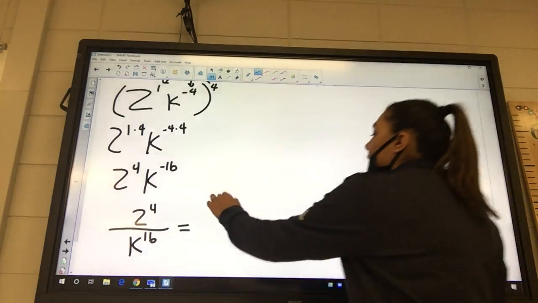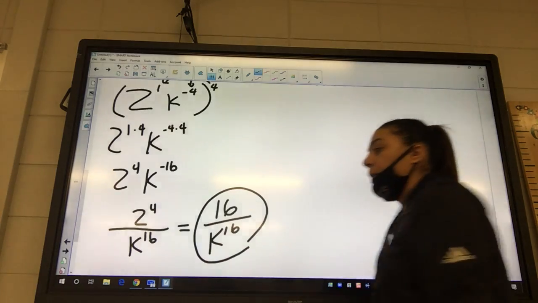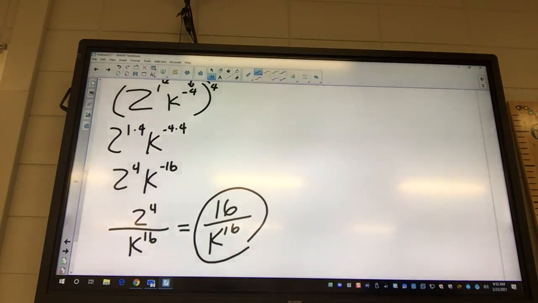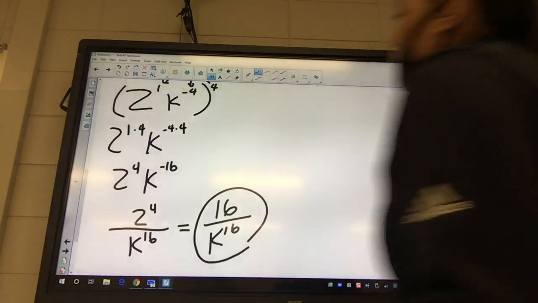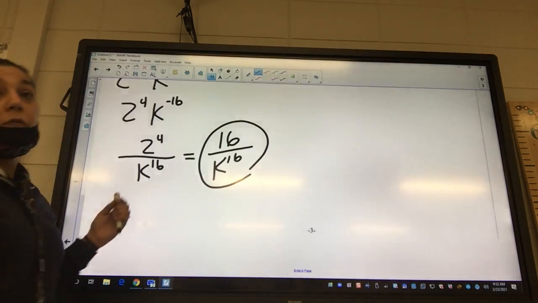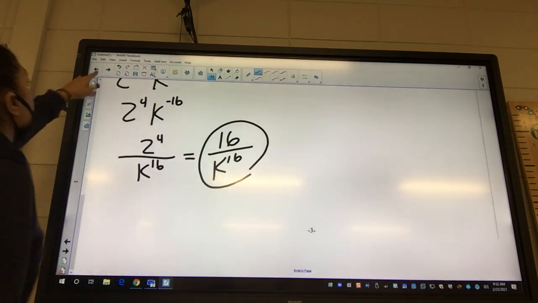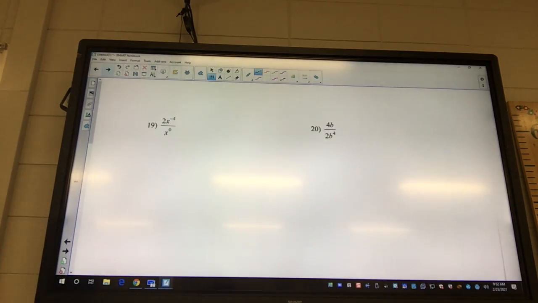It's going to be 16 k to the 16. If you forget that very last step of simplifying, that's okay, I will just mark 1 point off. 2 to the 4th is 2 times 2 times 2 times 2. And if you're using that calculator, you have to turn it sideways.